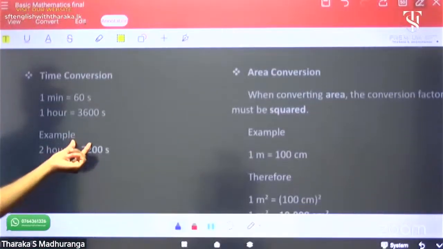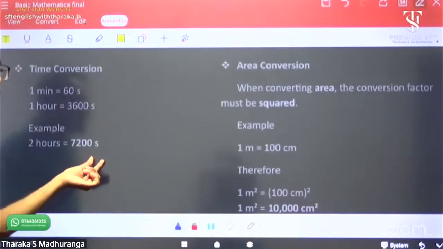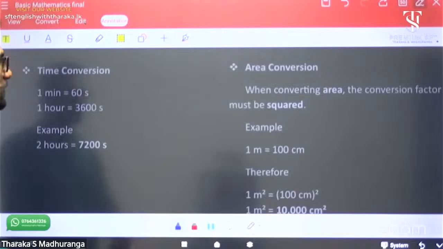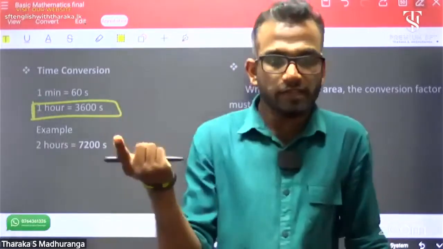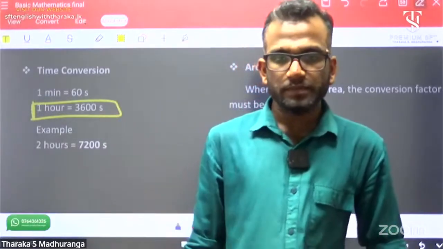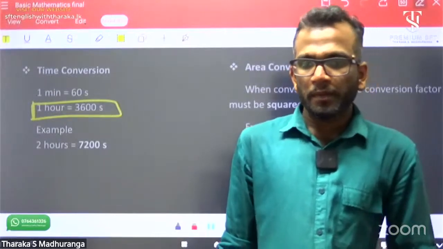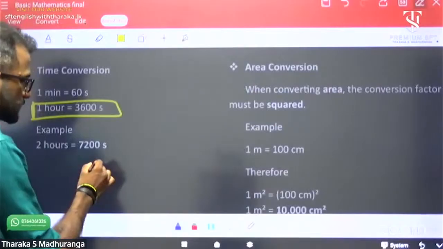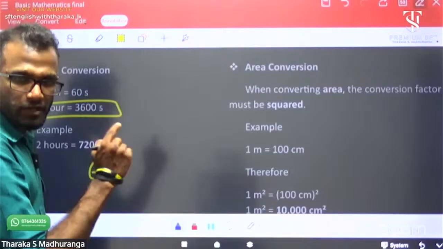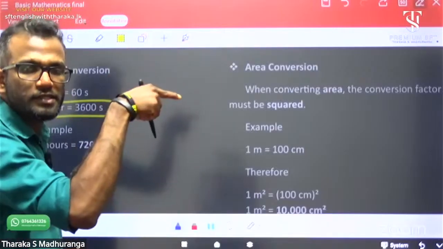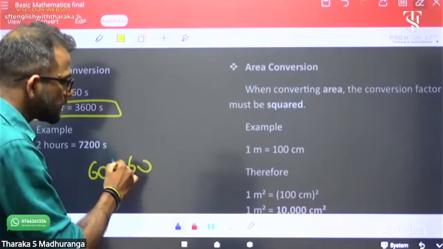Okay, time conversion. 1 minute equals 60 seconds, 1 hour equals 60 minutes. How many seconds per 1 hour? That is required for our future calculations. Per 1 minute, 60 seconds, and 60 minutes in an hour, so 60 into 60.